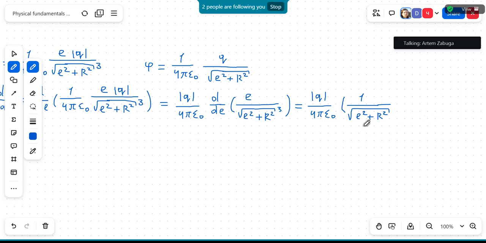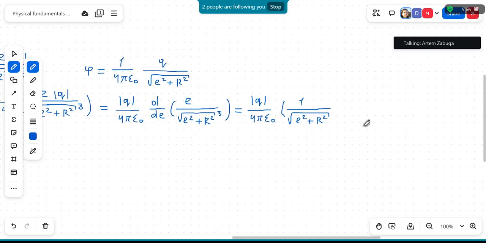And the next term will be plus L multiplied by the derivative of 1 divided by the square root to the power of 3.